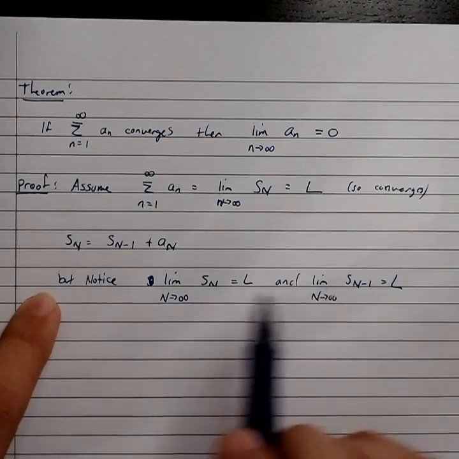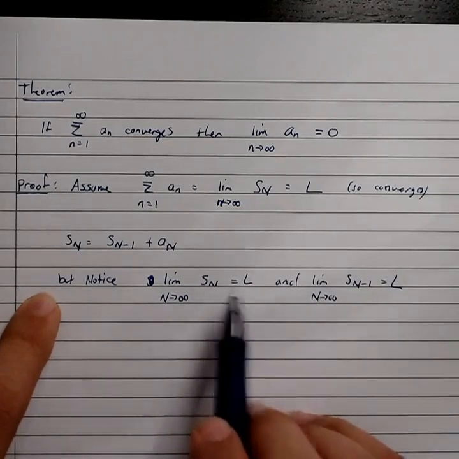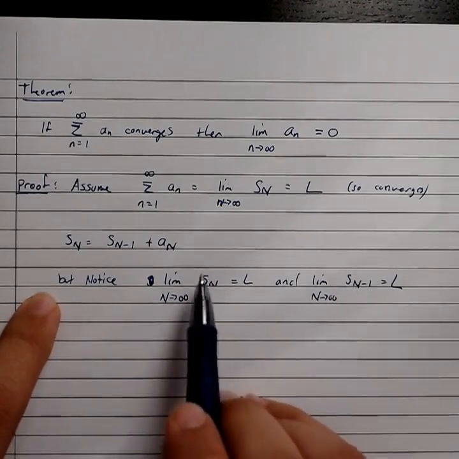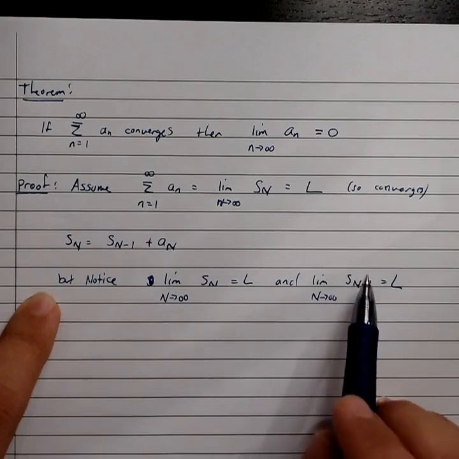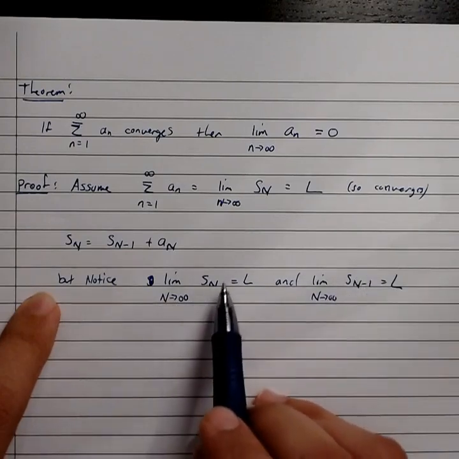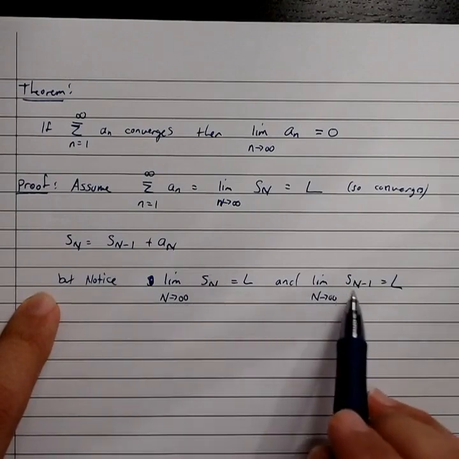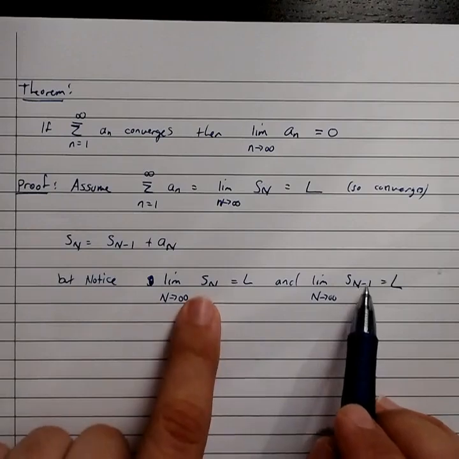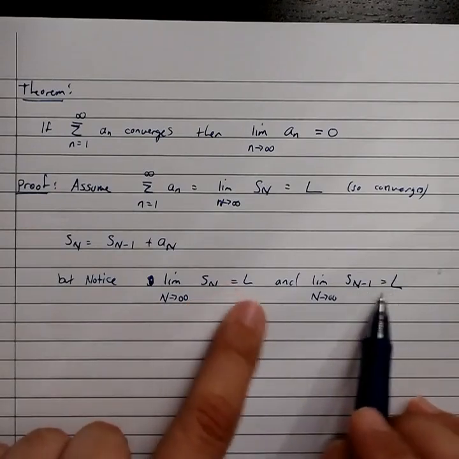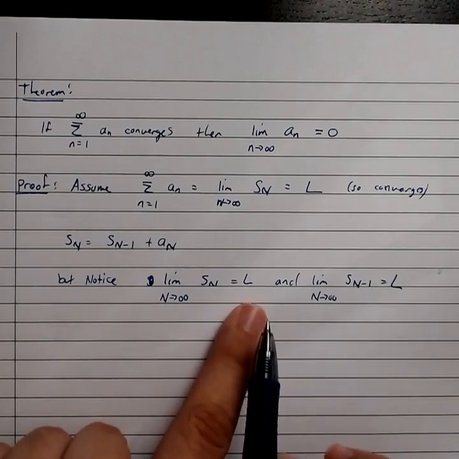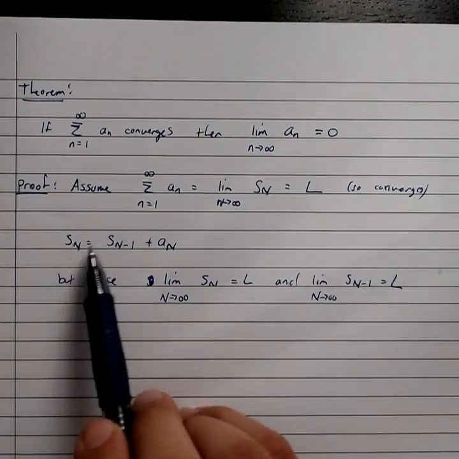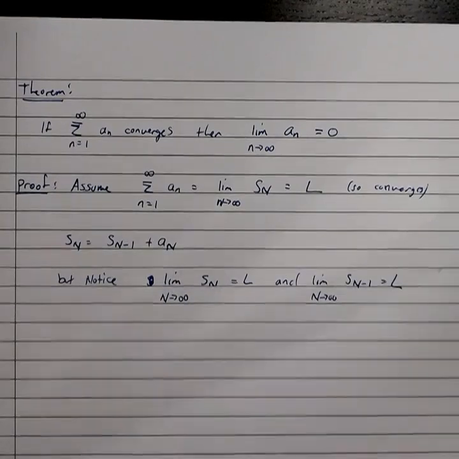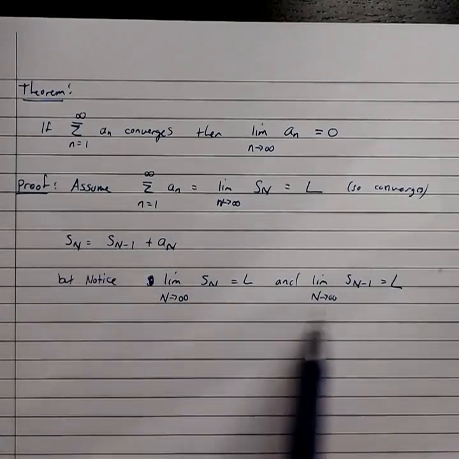Well, they're both the same partial sum. Remember, this is just the 50th partial sum, and this is the 49th partial sum. Or this is the 100th partial sum, and this is the 99th partial sum. But whatever, as these approach infinity, this is an infinite partial sum, and this is approaching the infinite partial sum. So this one's doing it a little slower than this one because it's always one term behind, but eventually they'll both approach the same limit. Okay, so here, this is equal to this plus this, but also their limits are the same. So the partial sums are not equal, but their limits are equal.